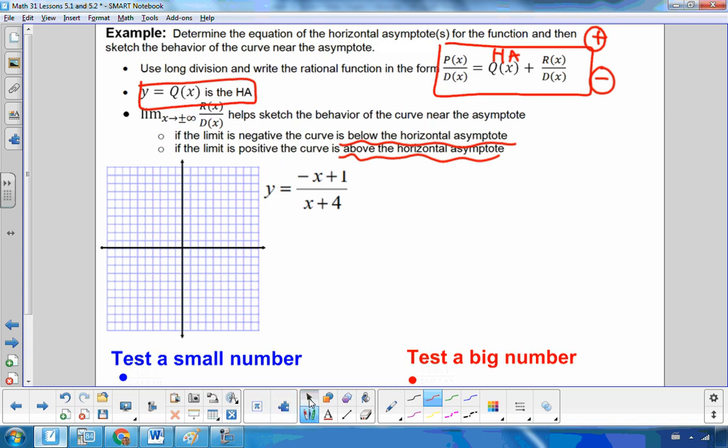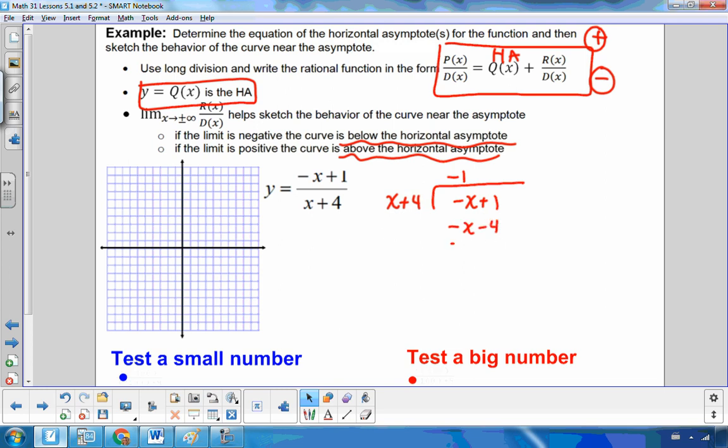Okay, so let's do long division to figure out what the horizontal asymptote is. So I'm going to have x plus 4 divides into negative x plus 1. So negative x divided by x is negative 1. Negative 1 times x plus 4 is negative x minus 4. And then I subtract.